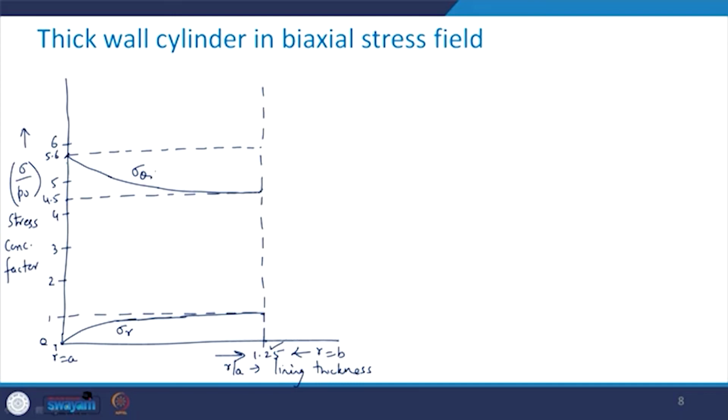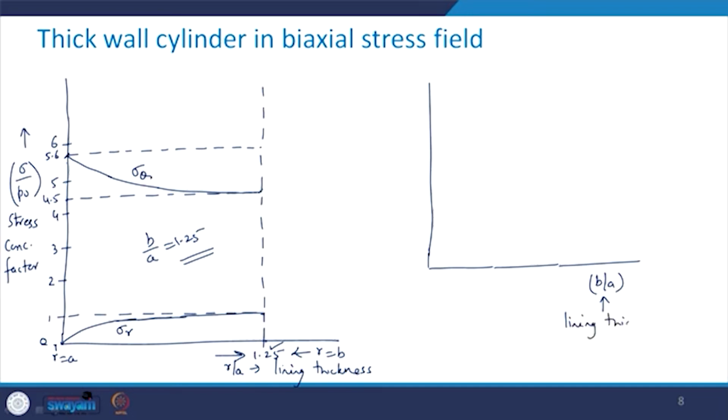Now let us try to draw the variation of this stress concentration factor with respect to b by a, because in this case we took b by a equal to 1.25. Now it's not necessary that always it will be 1.25. So here I have b upon a, again this is the representation of the lining thickness, increasing in this direction, and here I have sigma theta upon p naught.